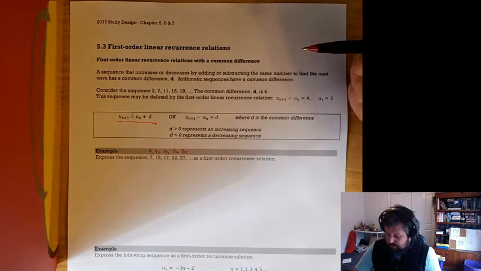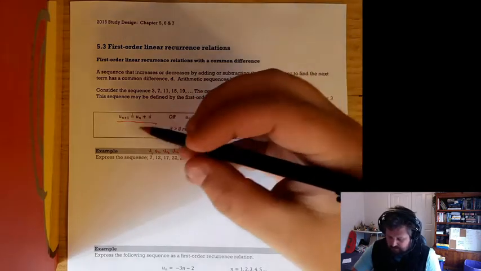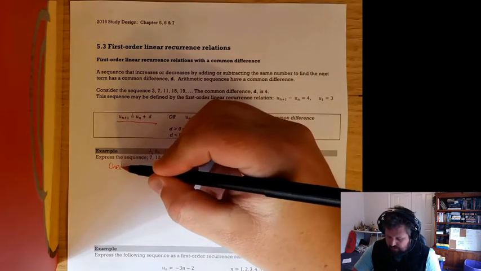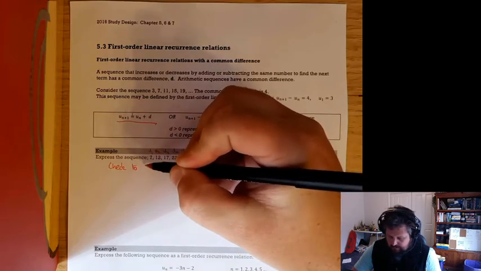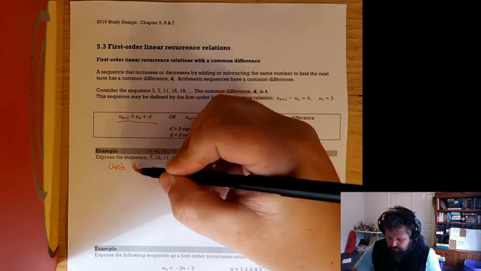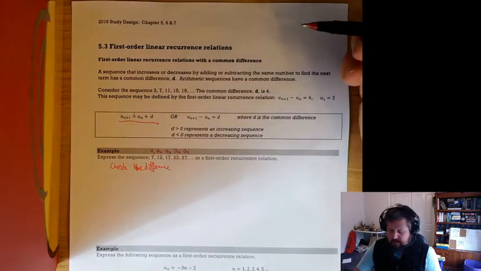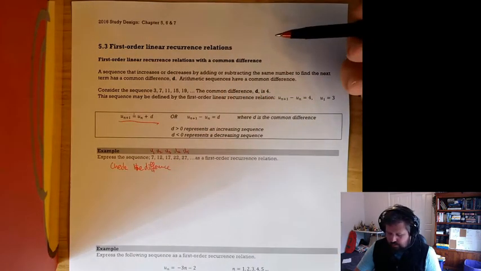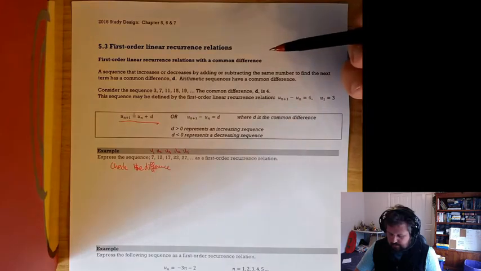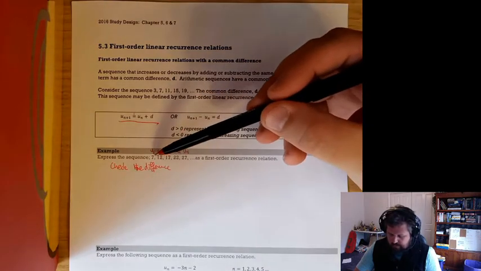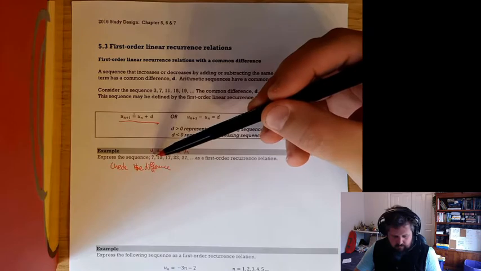First thing we need to do to make sure that we are dealing with a common difference recursion relationship is to actually make sure that the difference between each of those numbers is the same. So I'm going to say here, first thing is to check the difference. Checking the difference here, we'll do 12 take away 7, the difference there is 5.